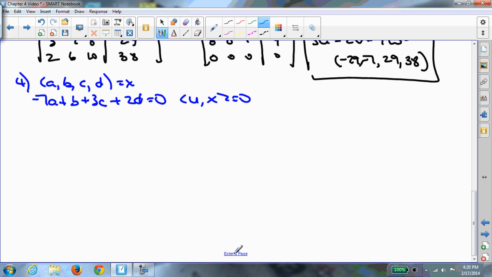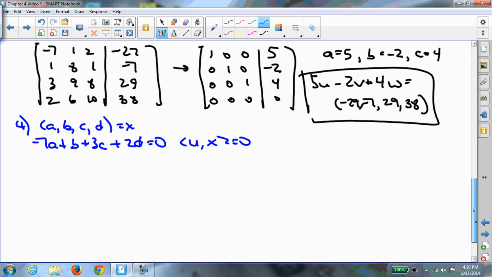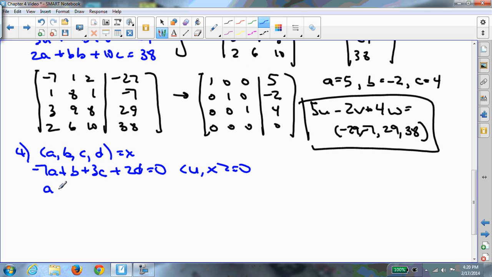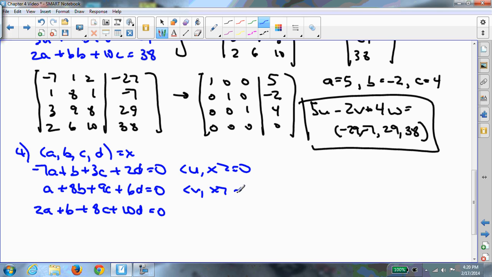And likewise, if I dot it with v, I would get a + 8b + 9c + 6d equals 0. If I set up the last one, I would have 2a + b + 8c + 10d equals 0. So this would be v dot my vector x, and this would be w dot my vector x.